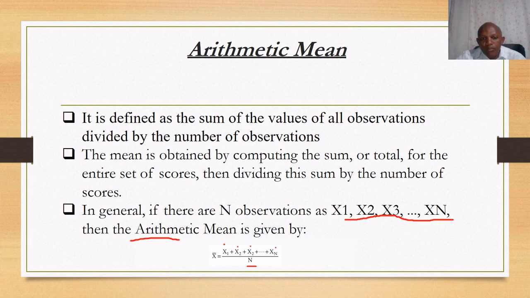You simply sum up, so you have x1 up to xn. So the arithmetic mean is given by summing up x1, x2, x3. Sorry, there is a repetition of x2 here, it's supposed to be x3. Then you move all the way to xn. Then how many observations are there? xn is the last value of x, and so n will be the number of items in that series.